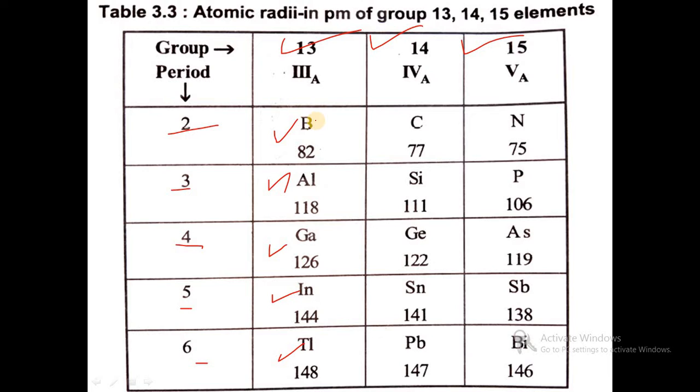So from group 13, top to bottom, their radius goes on increasing, and left to right across the period, their radius goes on decreasing.